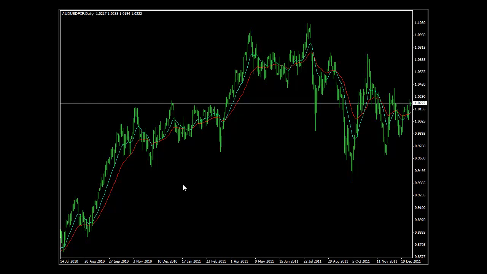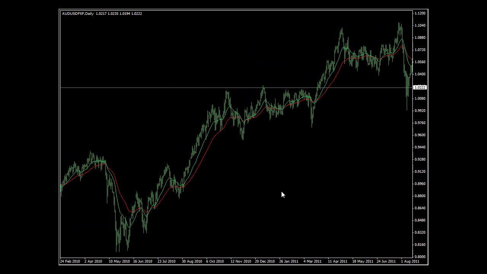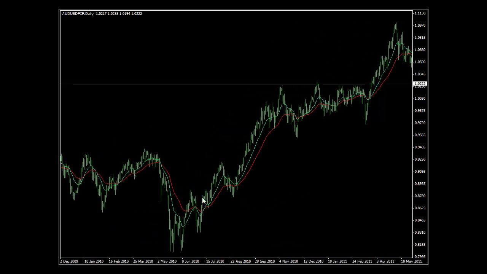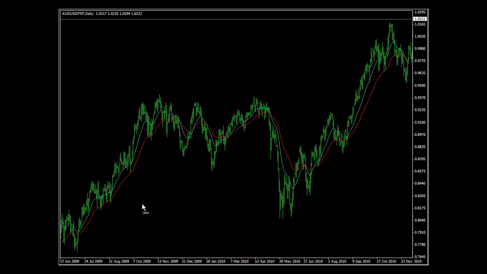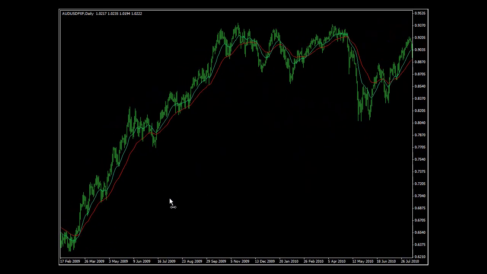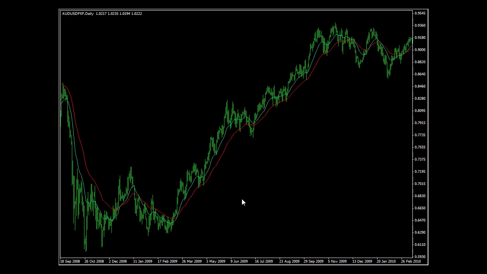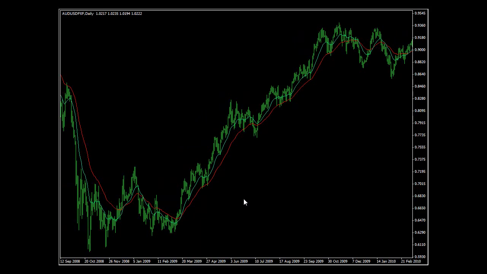But just for overview's sake, you are looking for periods when the 18 period exponential moving average on the daily chart is above, and here's the most important part, the blue one in here, and I'll zoom in in a moment.